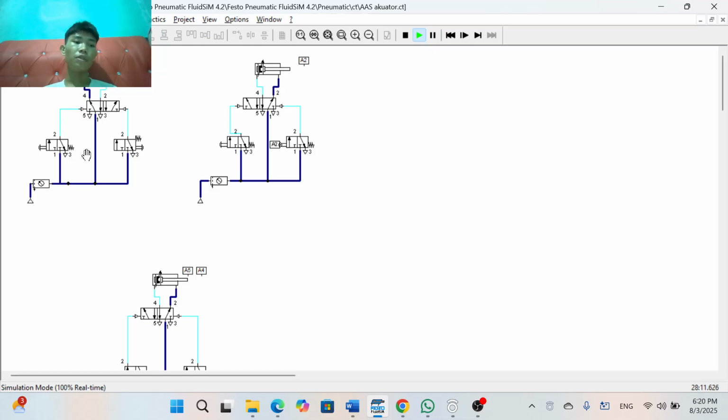In the manual system, when I push first, the air will be supplied from the compressor and then forwarded to the air unit surface. Why do I use this component?